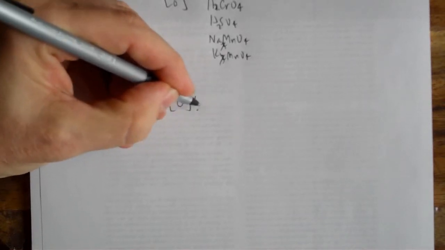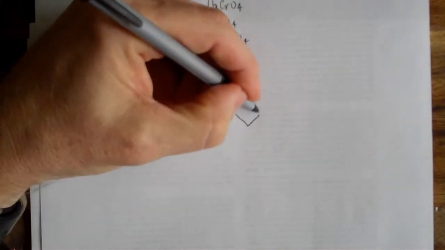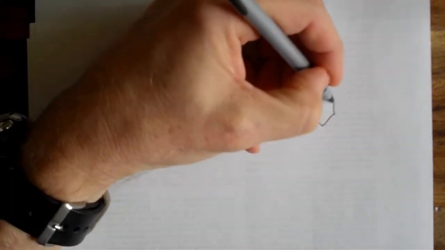There's one last thing I want to say about that before we move on, and that is that a strong oxidizer, which I'm going to mark with two exclamation points to make it obvious, okay? A strong oxidizer is going to take something like 1-propanol and take it to propanal, but you can't stop there because it's a strong oxidizer. It's going to oxidize it even further to propanoic acid.